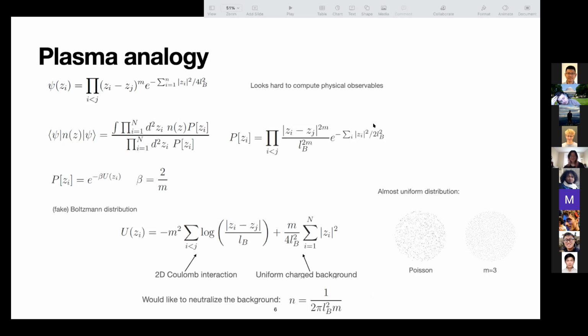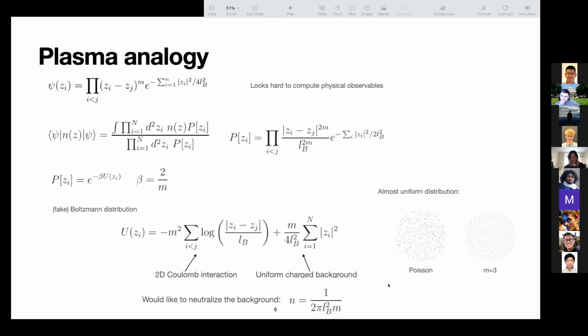I mean, it's not at all obvious from the form of the wave function. I agree. Yeah, and I also need to be careful about this plasma analogy, because here it's actually a finite temperature, so one may worry about whether these charges will freeze, stuff like that.